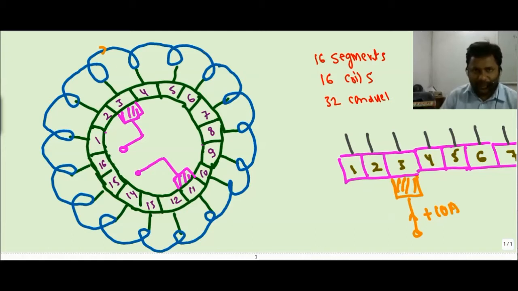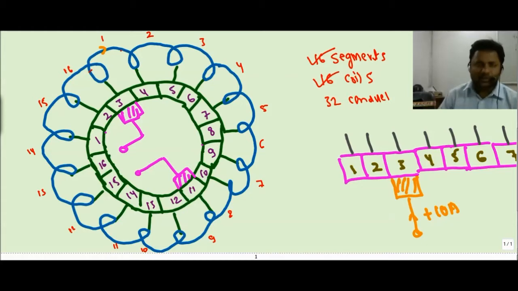There are 16 coils, named just for the sake of explanation, up to coil 16. So there are 16 segments and 16 coils, and each coil has conductor 1 and conductor 2, making 32 conductors.